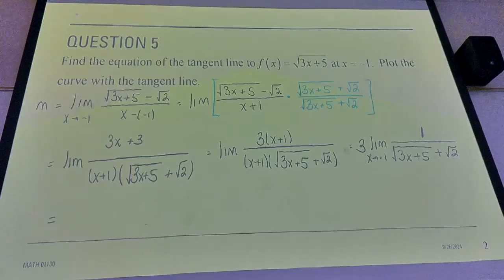Was it 3 over 2 times square root of 2? 3/2√2. Or if you don't like that, you can rationalize it. I don't care. I probably will, since it's just constants.